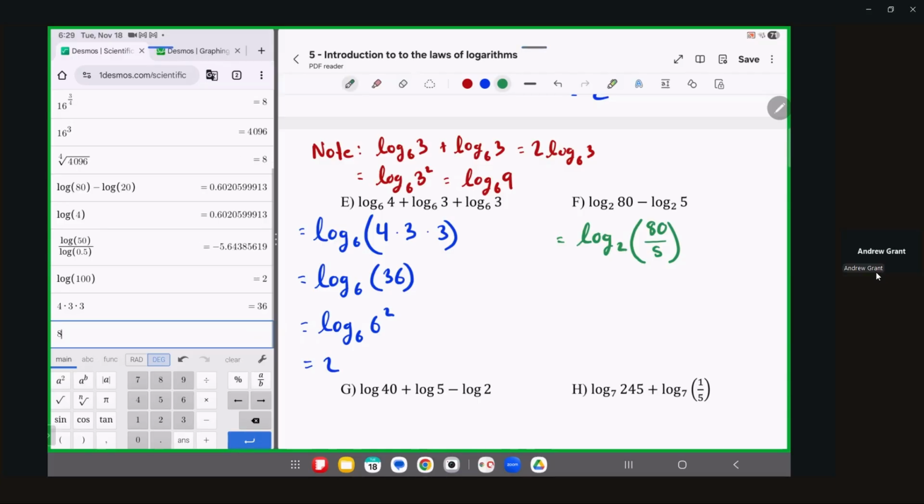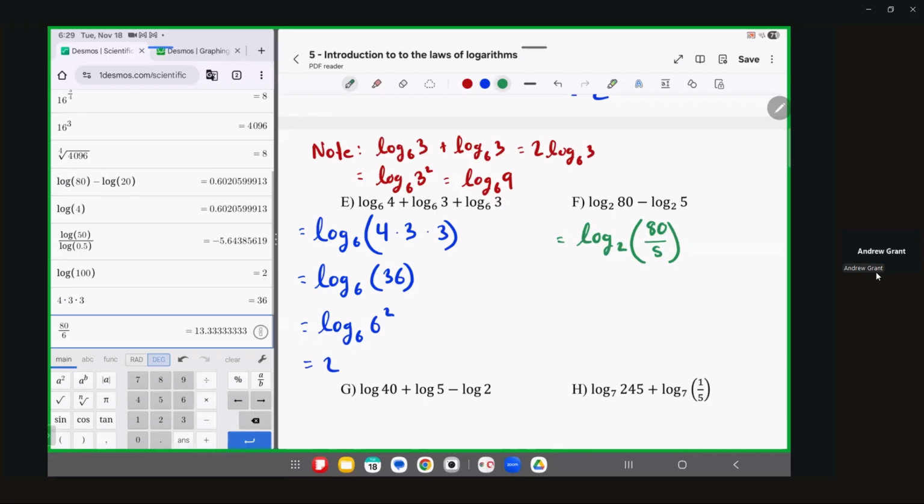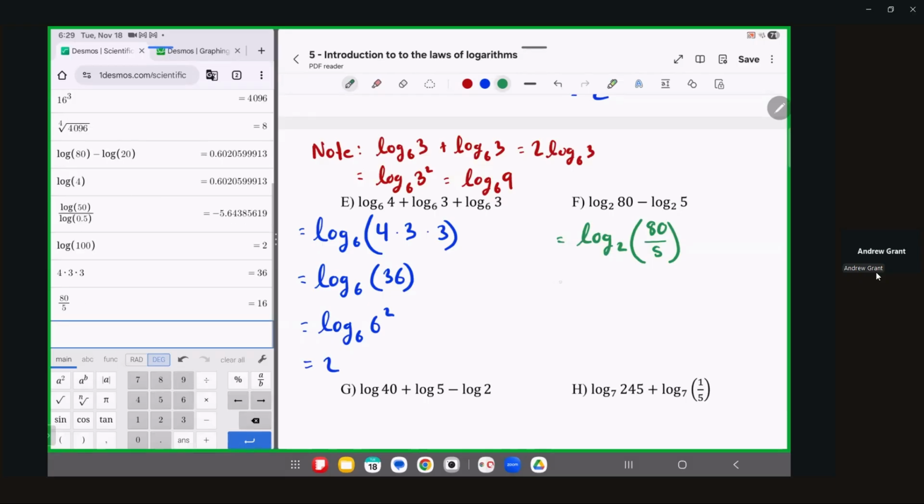If you're not sure about that, you can always use a calculator to help you out. So this will be log base 2 of 16. 16 is merely 2 to the power of 4. This will become 4.